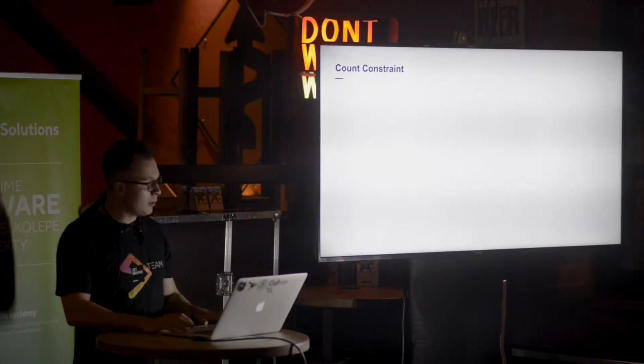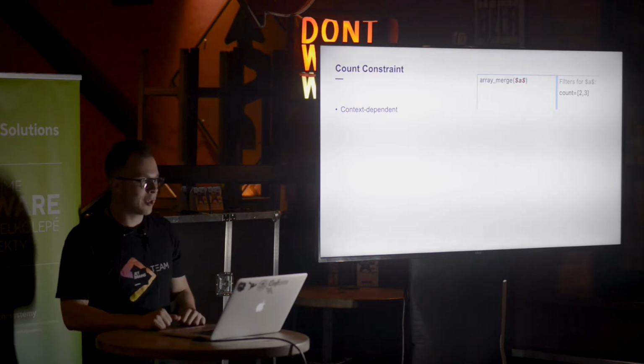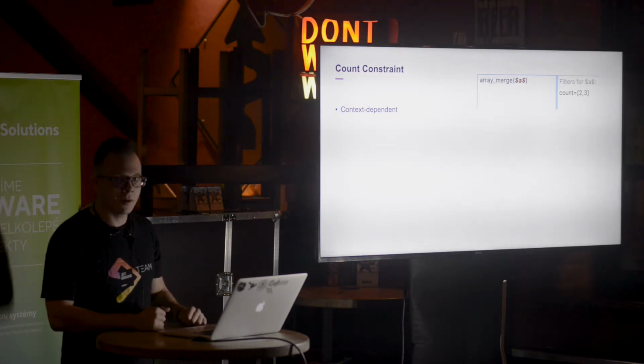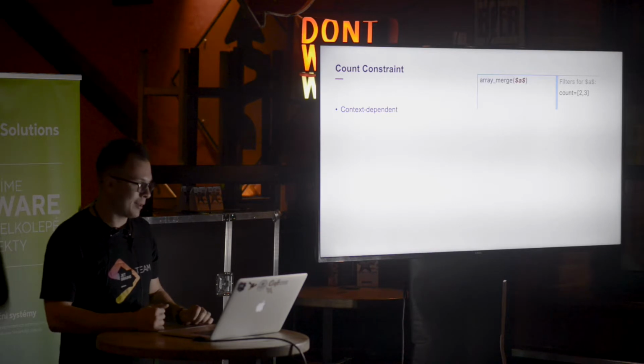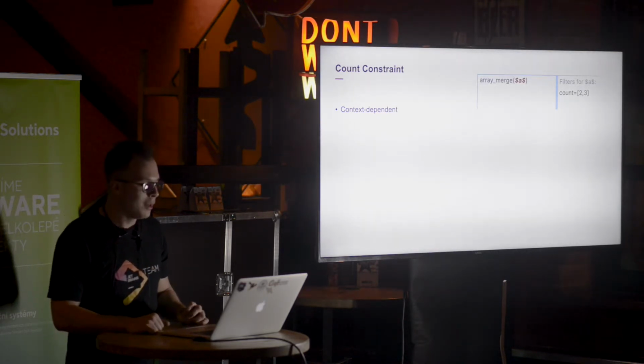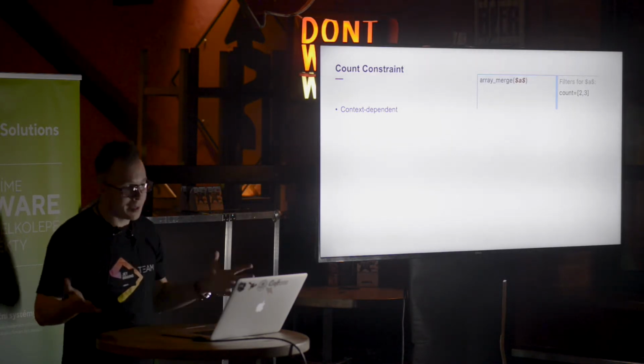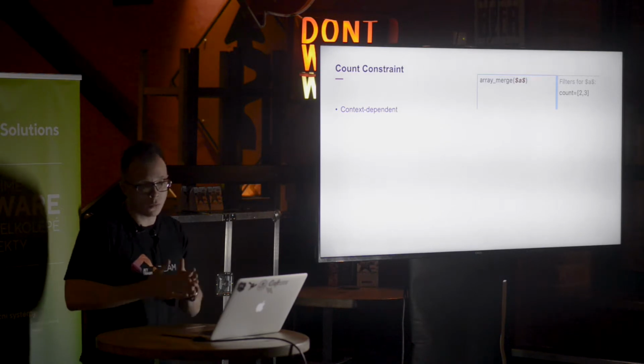To find it, we can use the count constraint. So it actually works like you expected. The tweak is that it's context dependent. So if you, for example, provide a count constraint for variables that are expected to match arguments, it will basically find all function calls with 2 to 3 arguments.